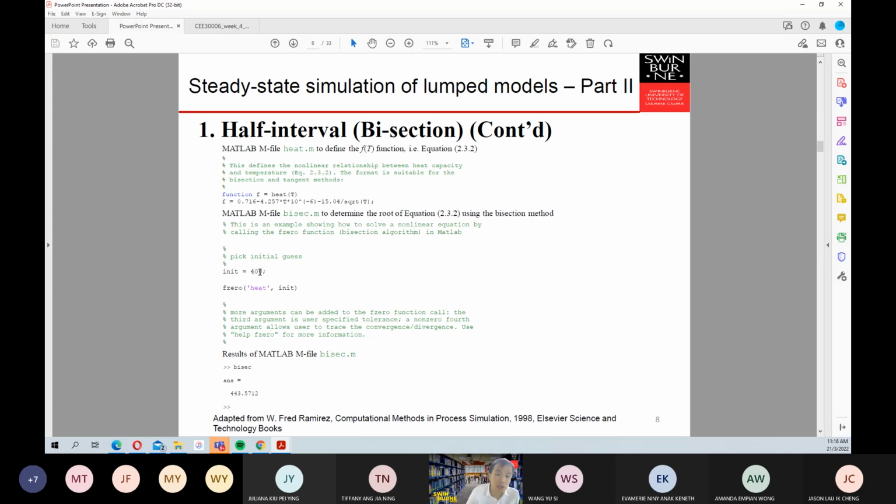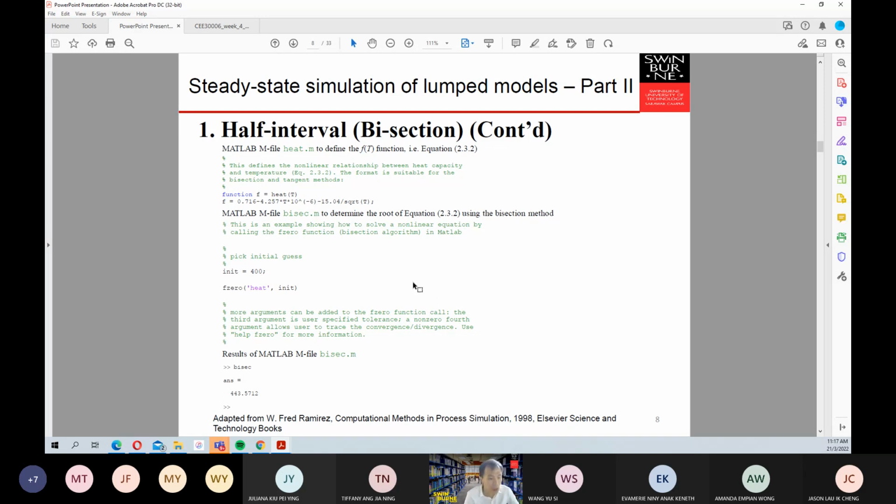Because actually fzero is not only relying on the bisection method, but it also uses a different algorithm to calculate the root of that particular function. So if you want to find out more details about fzero, you can type in help, then a space, and then fzero into your MATLAB.